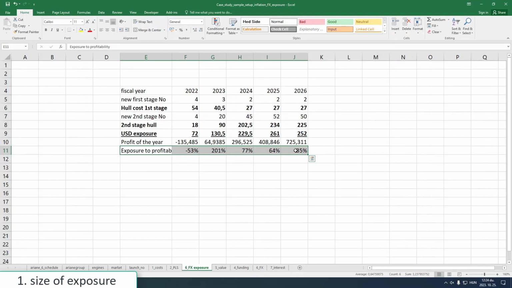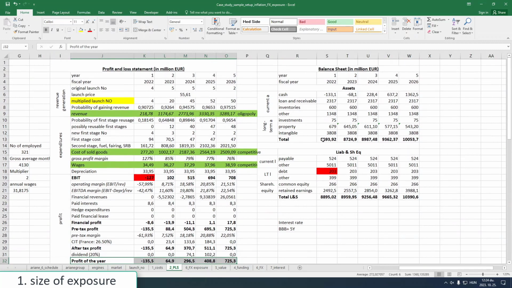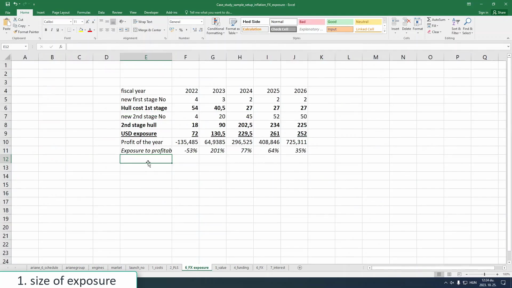Ratio. And also, let's compare it not to the actual profitability because it dynamically changes, so let's compare it to the total assets, so the size of the company, then I think it will still be way too big.